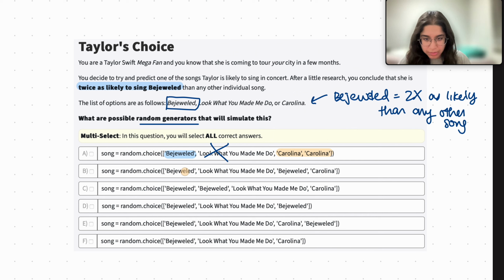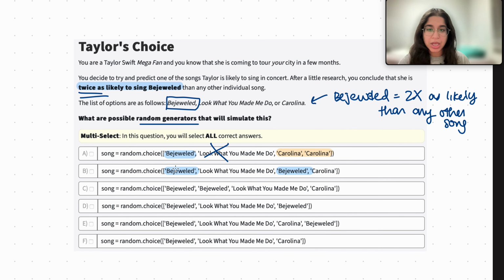In choice B, we can see that Bejeweled shows up twice, and every other song is also included. All 3 of these songs are included, so this is a valid generator that reflects that she's twice as likely to sing Bejeweled than any other individual song, because all the other songs appear once, but Bejeweled occurs twice.